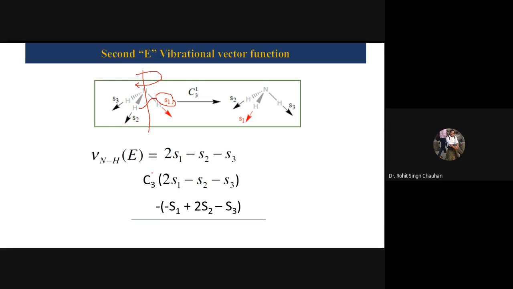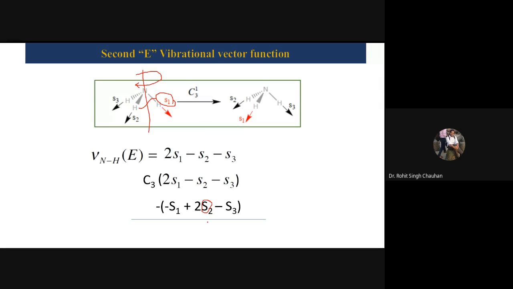Again I will repeat. C3 on 2s1: forget about this 2 first, you should focus on S1. S1 is going to be S2, so you first write this S2 here. The second point is the coefficient which is present. It is 2, so you will write 2.